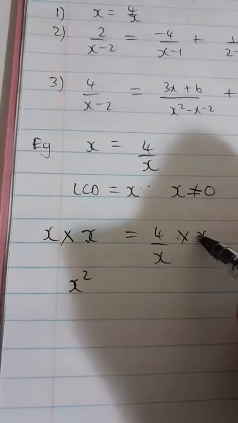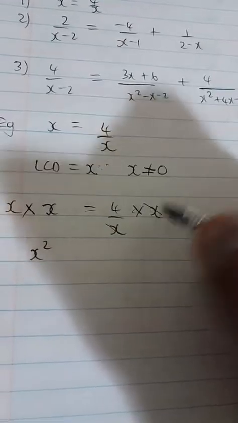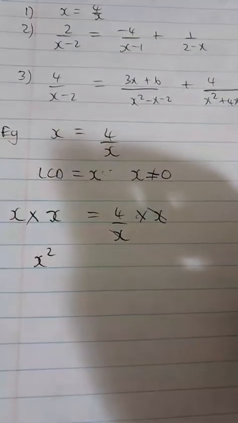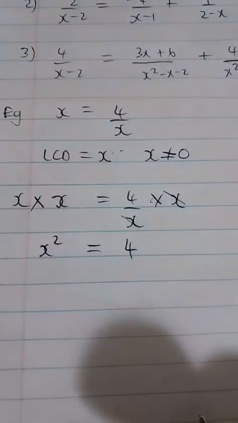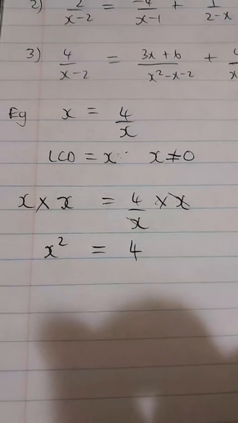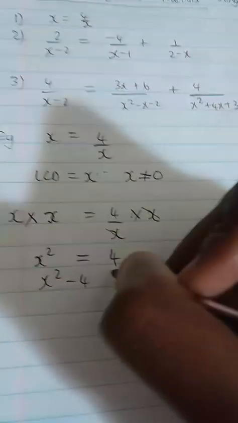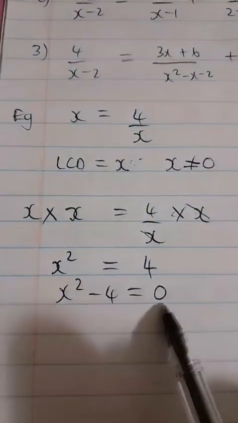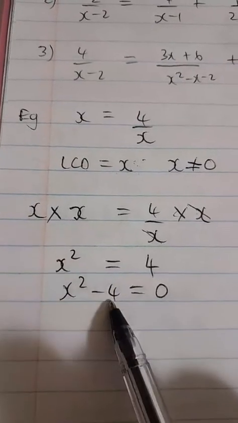This x and this x, they say goodbye to each other, because x divided by x gives me 1. Then I'm left on the right hand side with 4. Next step, transpose: x squared minus 4 equated to 0. What is this? This is our standard form.